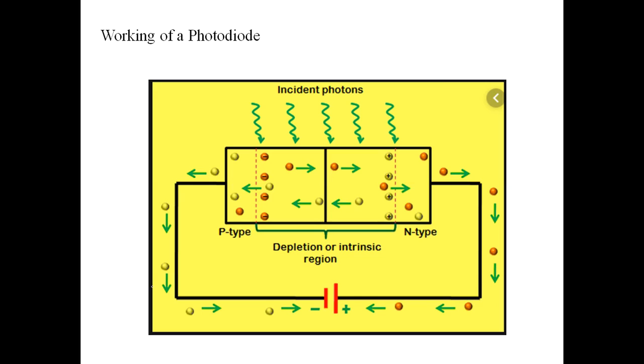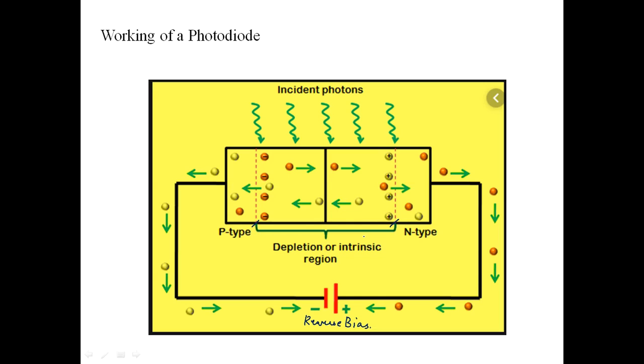Okay, fine. So first of all, the point is it is reverse biased. So when it is reverse biased, just observe what has happened to the depletion region width. It has increased so much, right? The purpose of reverse biasing the PN junction is to ensure that the depletion region width is as large as possible.